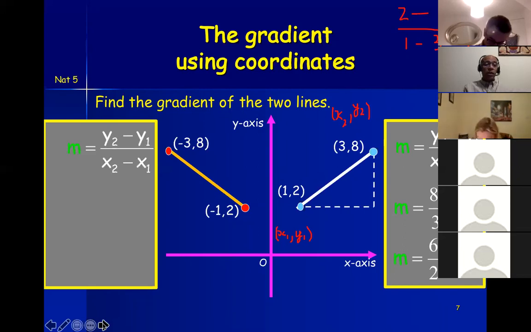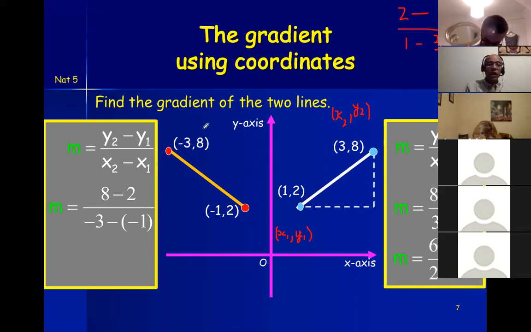So now we're going to do the negative one. So hopefully we will get a negative value. So this time, y2 is this value here, 8. And x2 is this one here. And x1 is this one.